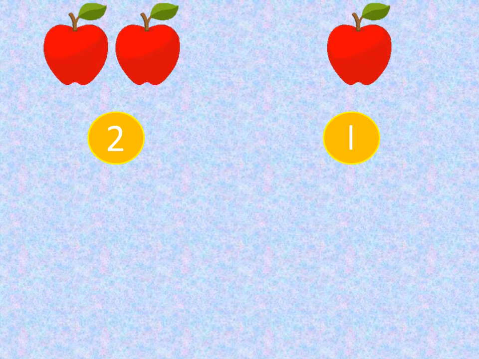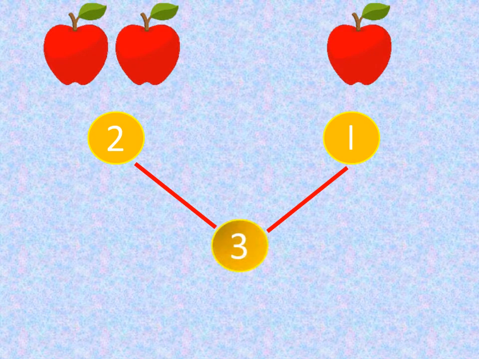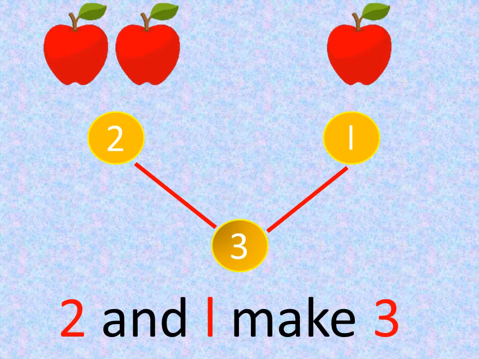Shall we count? 1, 2, 3. There are 3 apples all together. So we say 2 and 1 make 3. This is the number bond.